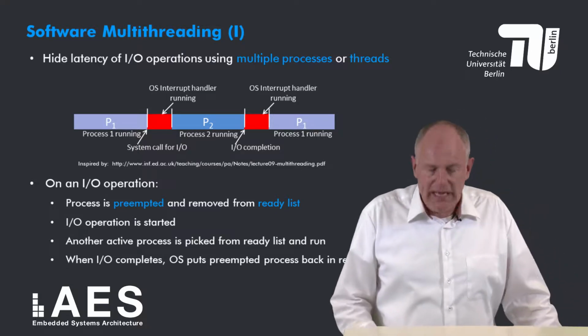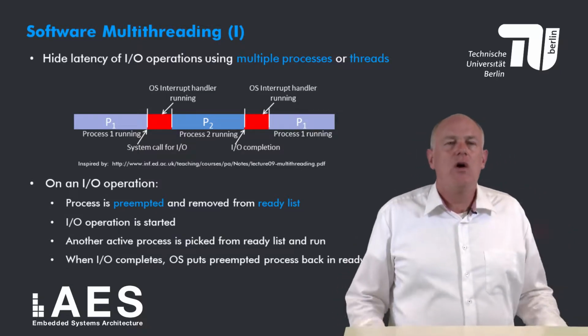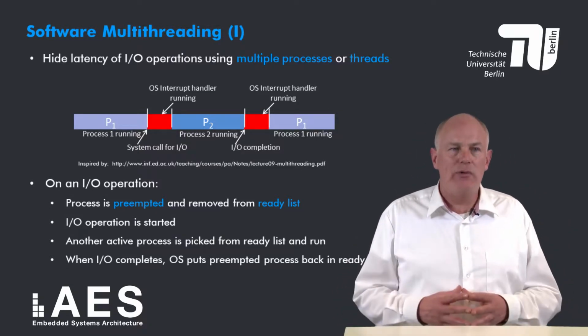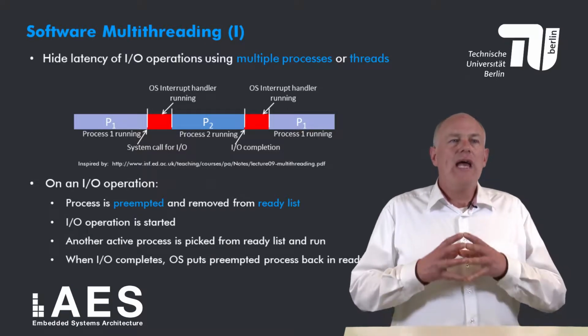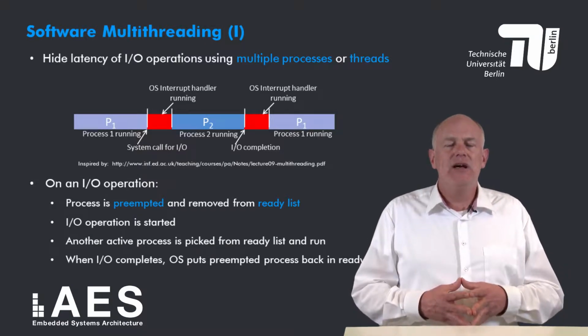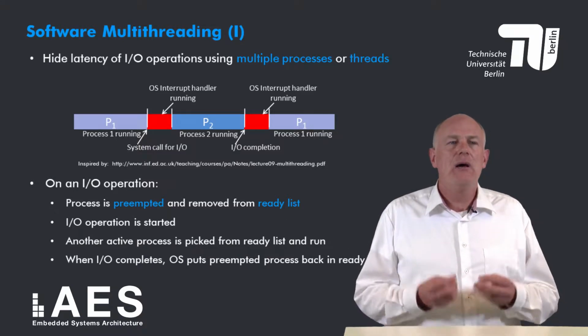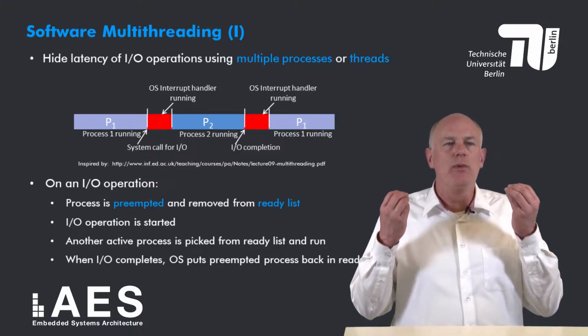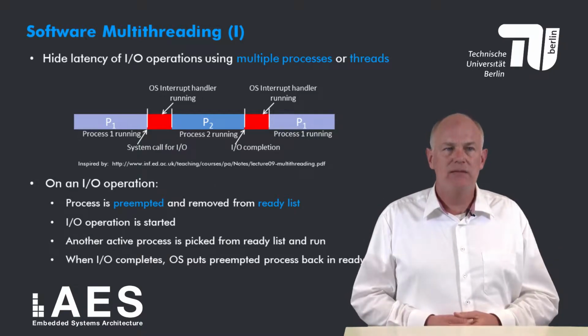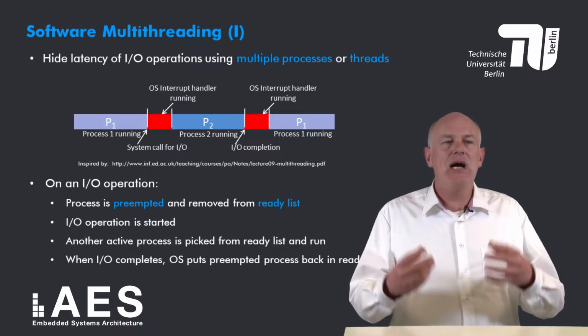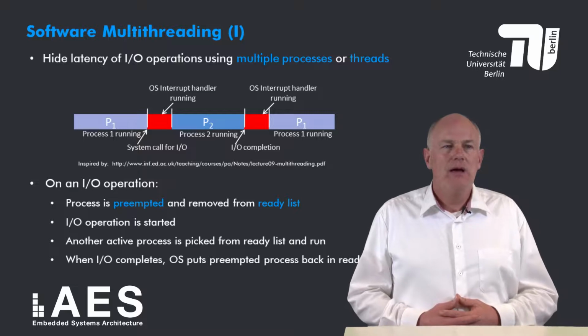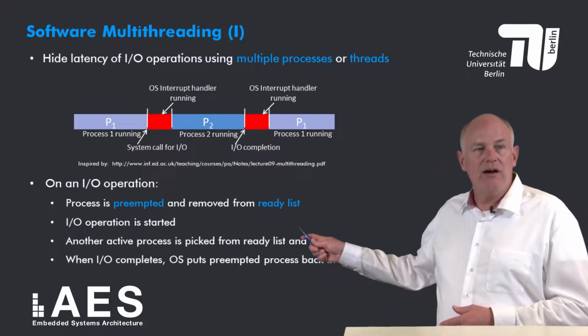For example, in any multi-threaded or multitasking operating system, we hide the extremely long latency of I/O operations by trying to execute multiple processes in a time-shared manner. This is illustrated here.